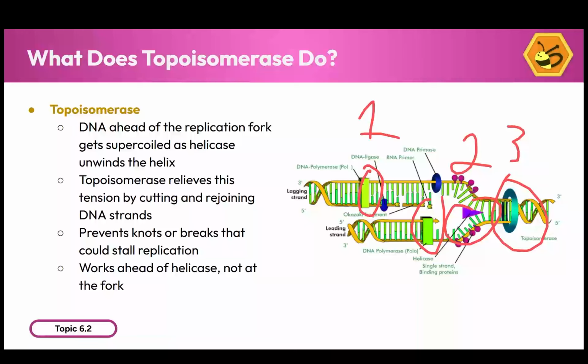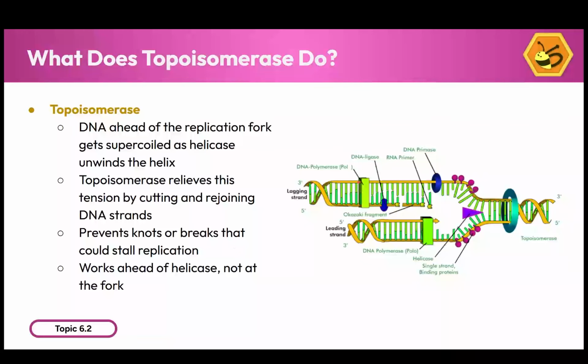Okay, from left to right, according to this diagram right here, it goes DNA polymerase, then helicase, then topoisomerase, as you can see right here.